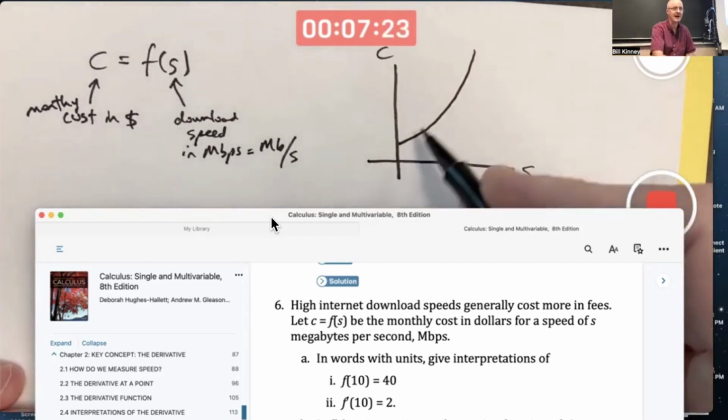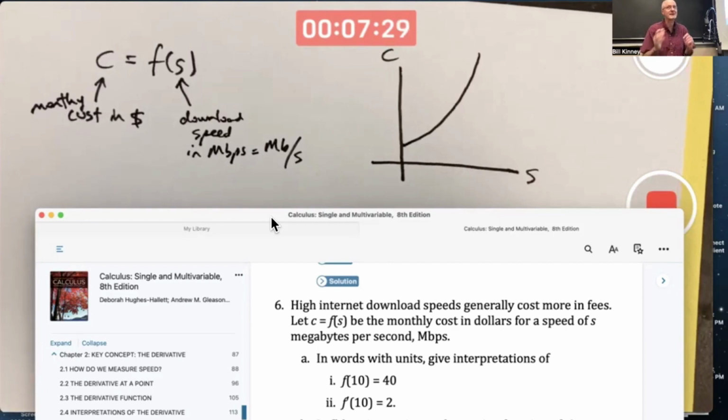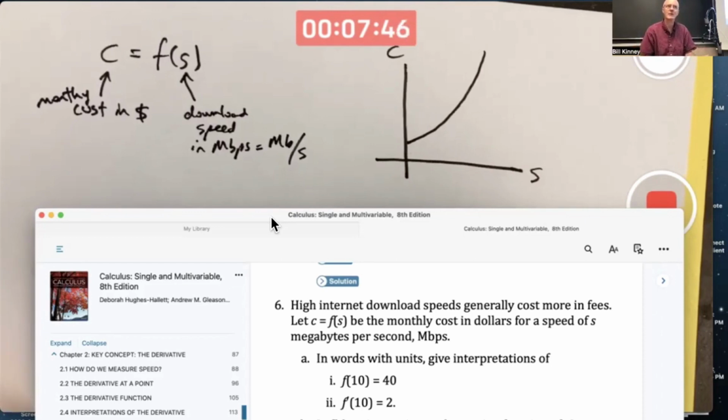You could also argue it's concave down because maybe it's getting more efficient cost-wise for even higher speeds. It really doesn't matter much for the purposes of doing this problem. I'm just trying to use my imagination. And imagination is important in math, including calculus. You need to take these kinds of descriptions and translate them into pictures in your mind and think about possible graphs and what it would mean.